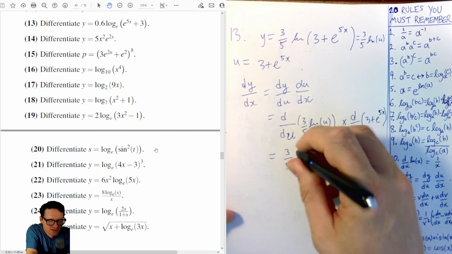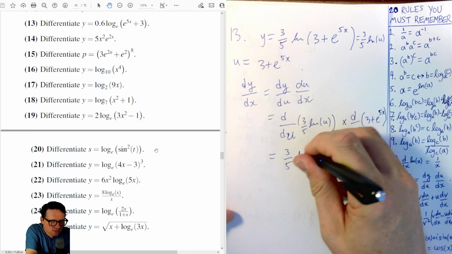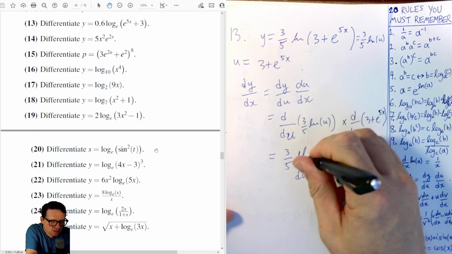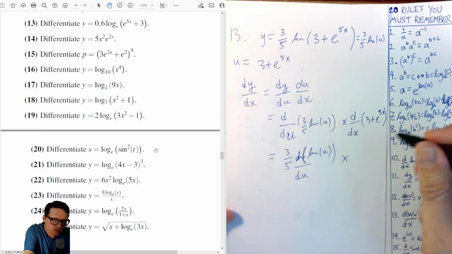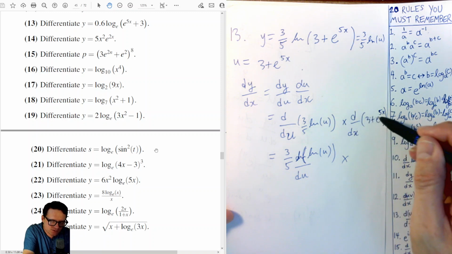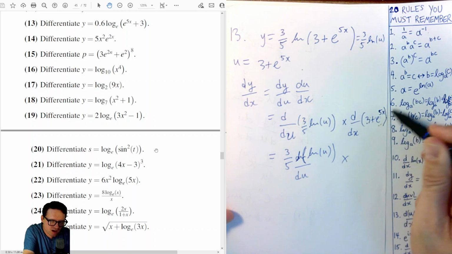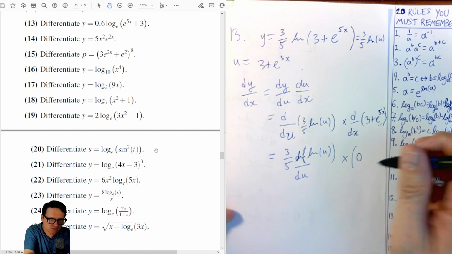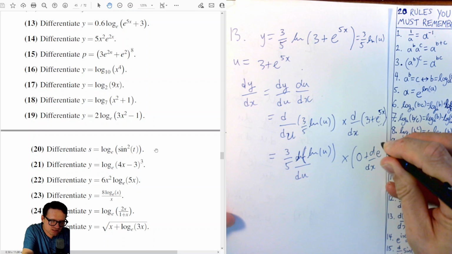So 3/5 times the derivative d on du of natural log of u, and then that differential operator distributes over the sum and applies to the 3 and to the e to the 5x. So 0 for the 3, plus the derivative with respect to x of e to the 5x.